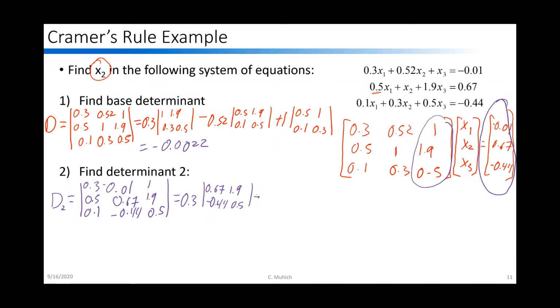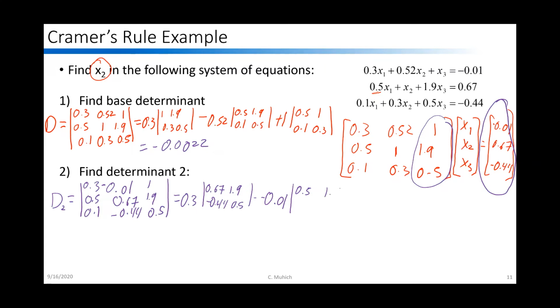So we need to subtract this off. Because this is a negative here, we take a negative of that negative 0.01. This gives us 0.5.